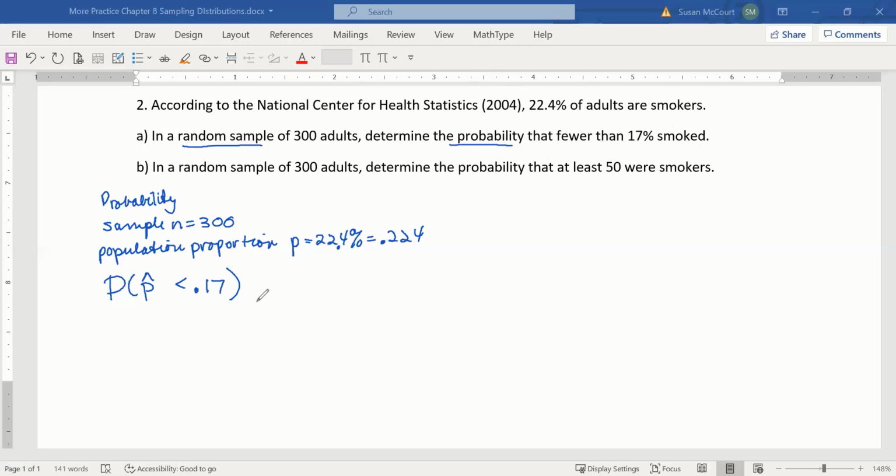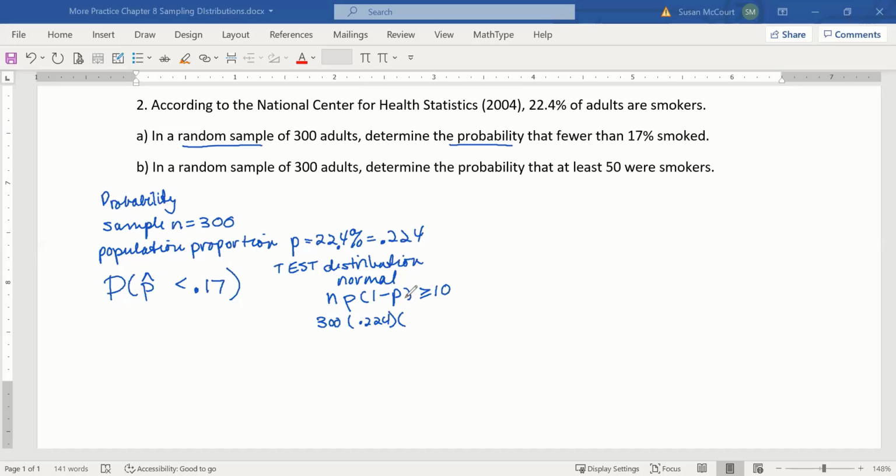So I look at the formula sheet, which says how to tell if it's normal. So the first thing we have to do is test if our distribution is normal, just in case you have to do that. Those are called our initial conditions. So we need to know that n times p times 1 minus p is greater than or equal to 10. n is our sample size of 300. p is our 0.224.